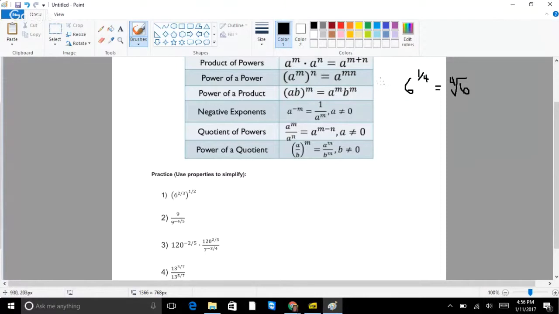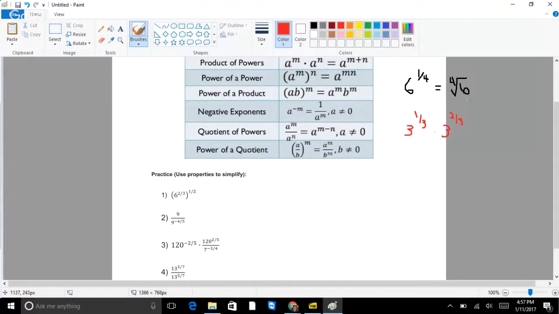Okay, so in this particular case, we're talking about fractions. It has to have the same base. If we have 3 to the 1/3 power times 3 to the 2/3 power, they have the same base. They're both the base of 3.